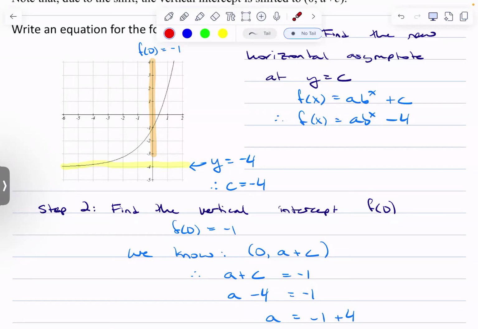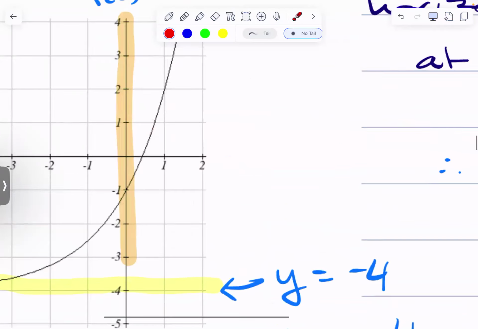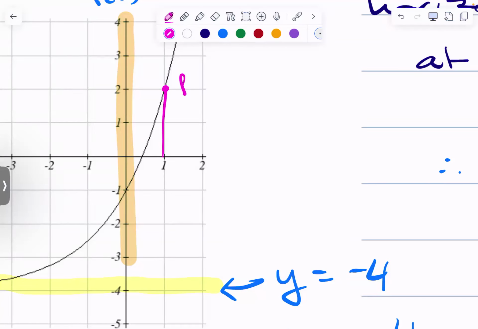But a nice way might be to leverage x equals 1, because when x equals 1, I feel pretty confident saying that the output should be 2. And so here, f of 1 must be 2.